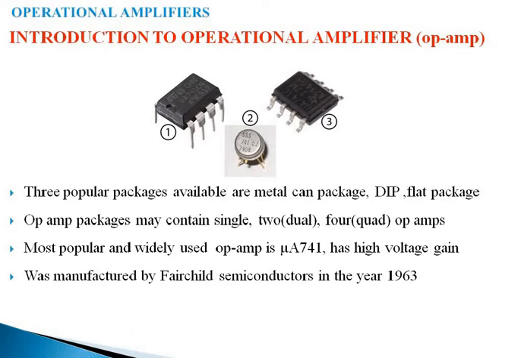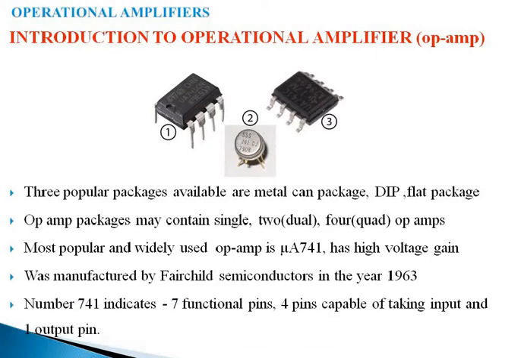It was manufactured by Fairchild Semiconductors in the year 1963. And the name 741 indicates like this: the 7 indicates the functional pins, 4 pins means it is capable of taking 4 inputs and 1 output pin.